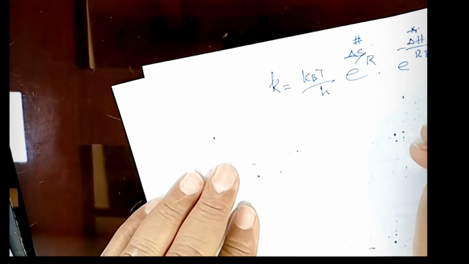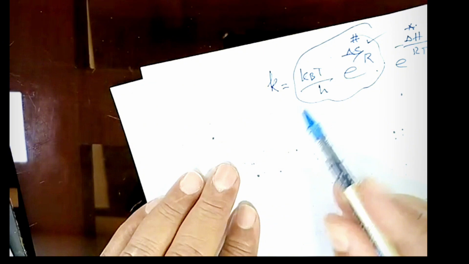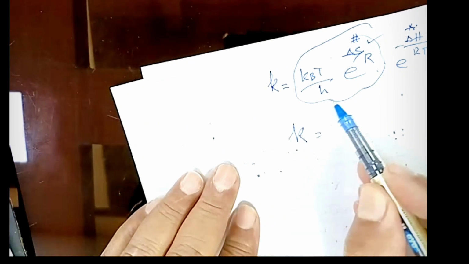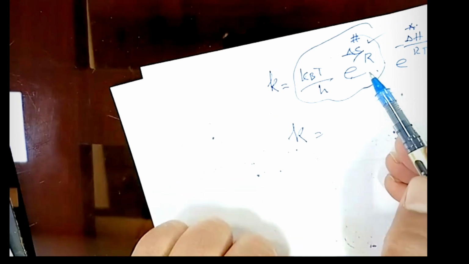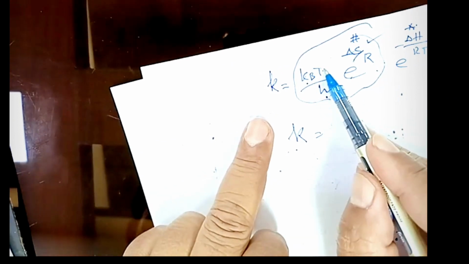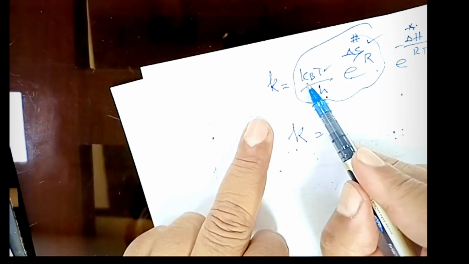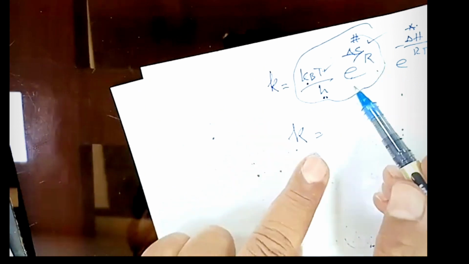This is the enthalpy of activation and this is the entropy of activation. If I call this whole factor, e raised to the power delta S over R, into Boltzmann constant, temperature and h, the entropy function: if temperature is kept constant and Boltzmann is a constant, this is the constant factor and this is the entropy function.